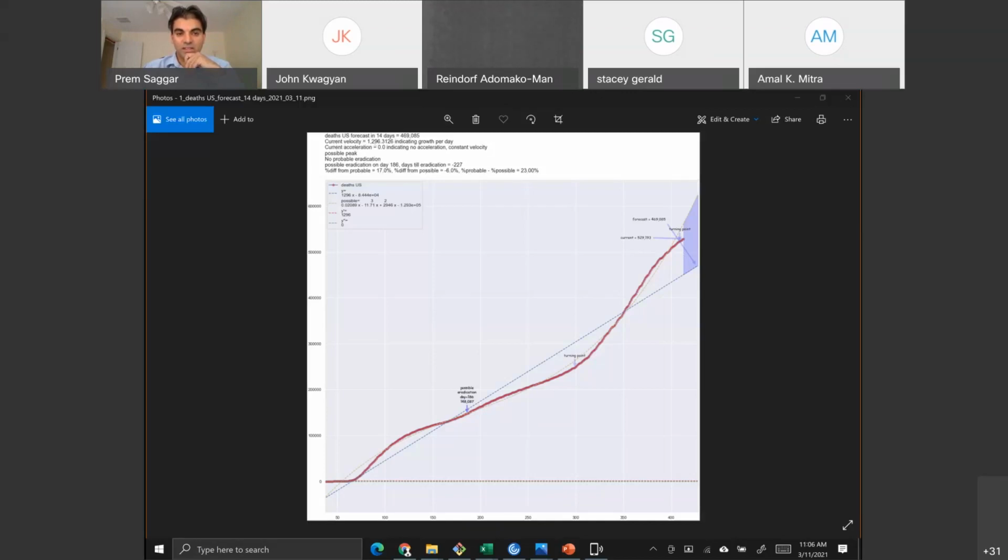The current velocity is 1,296, and what that is is how many deaths you're adding a day, right? So every day we're seeing around 1,300 people dying in the U.S. Okay, and that correlates to this linear trend line over here.